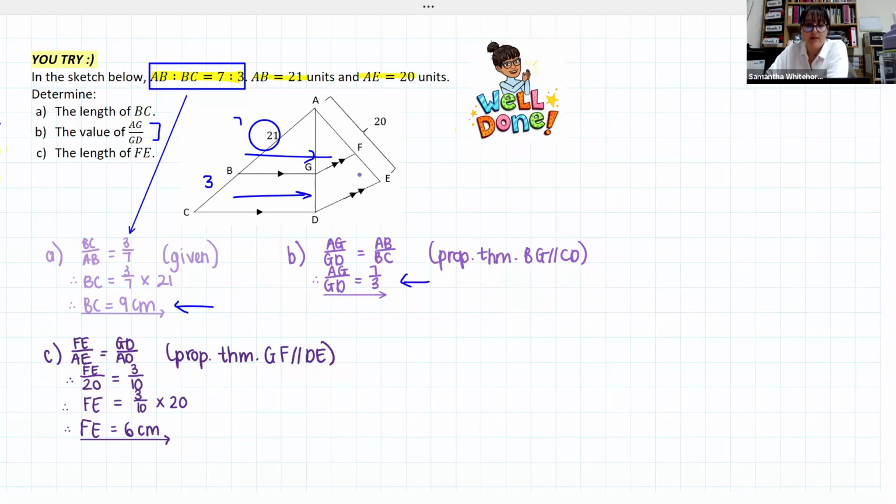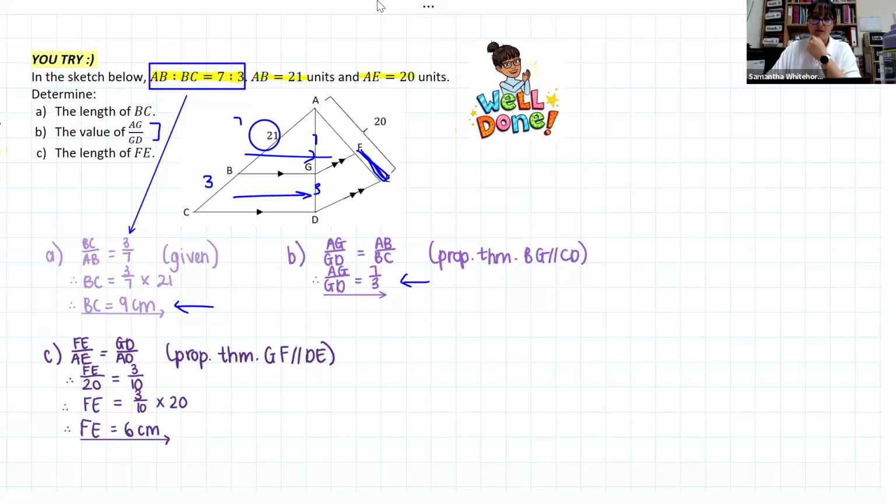Then I wanted the length of FE. So FE is this segment all the way on the right here. You were given the whole length AE is 20. You also know that this is a ratio of 7:3, so you know what that proportion is. And again, you can use that to work out what you needed. Okay, so FE is equal to 6 centimeters.